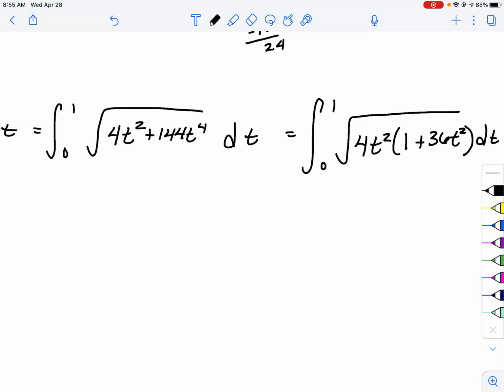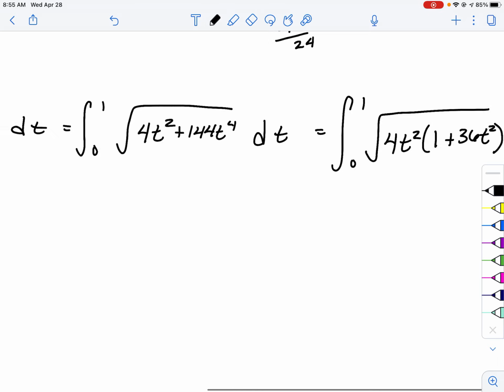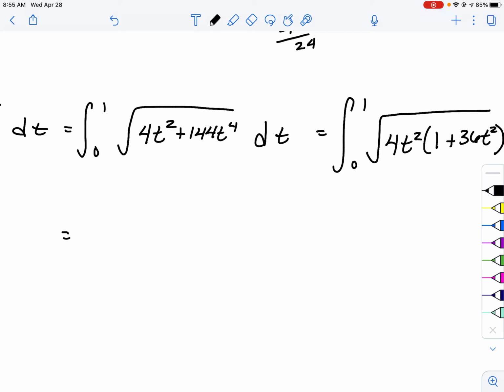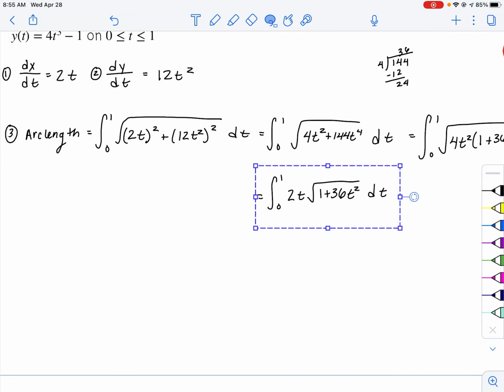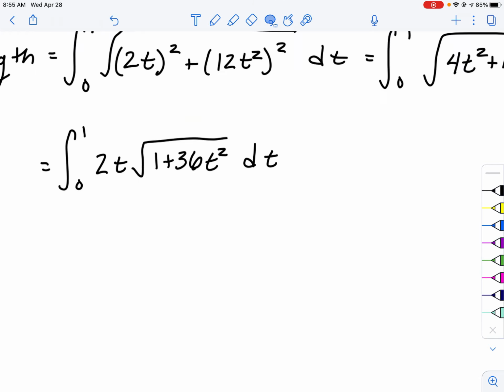Then if I take the square root of 4t squared, we get 2t, times the square root of 1 plus 36t squared, dt. Okay, so now I'm just going to move that over.